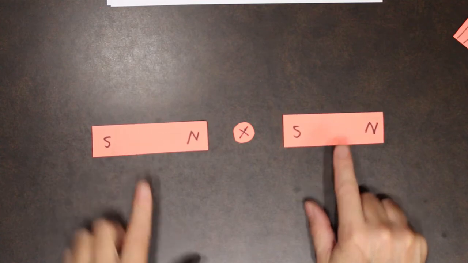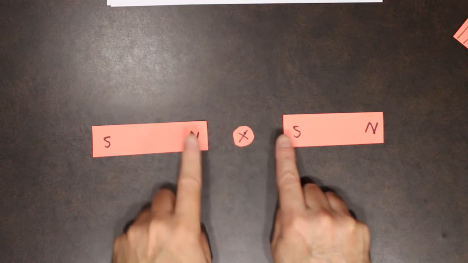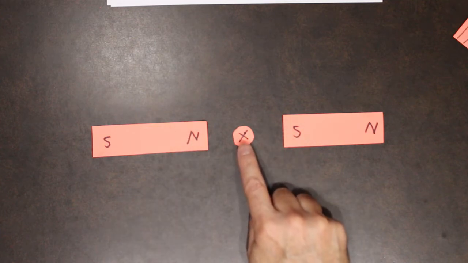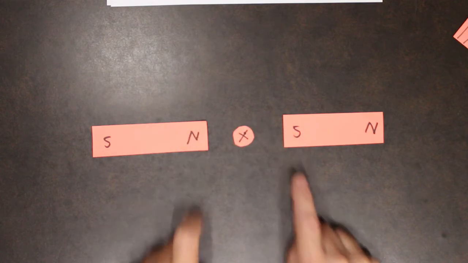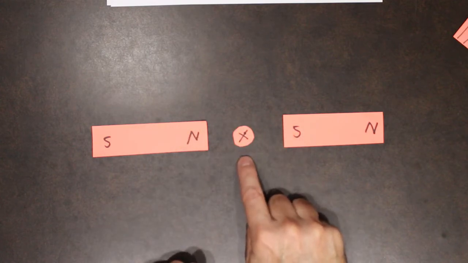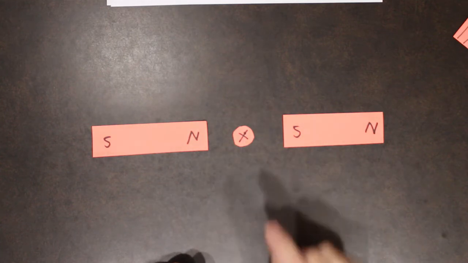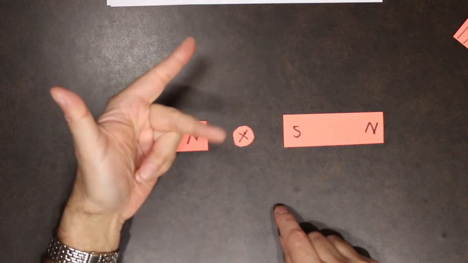So I place a current carrying conductor inside a magnetic field. The magnetic field that's created around that conductor will interact with this magnetic field, causing the movement of this conductor. The question will be, what direction does it move? That's where this rule comes in.